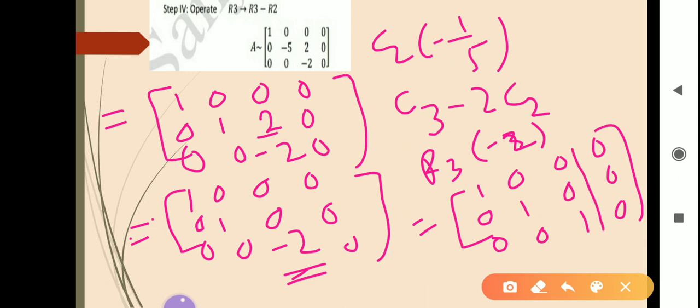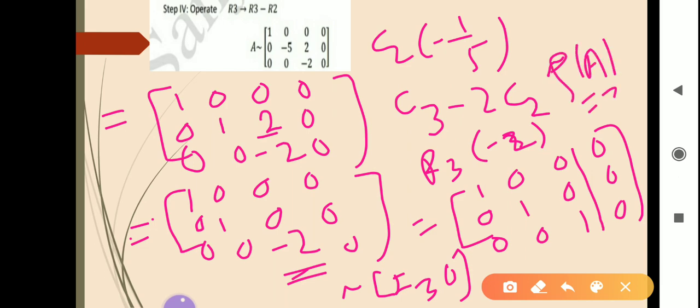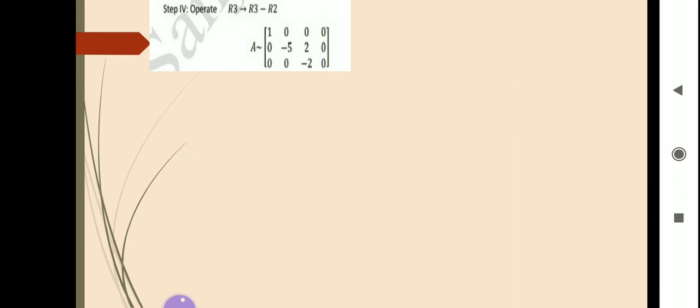So this is the I3. So this matrix is equivalent to, we will write here, I3 0. Okay, so what is the rank of this matrix? Rank of this matrix is equal to 3. Okay, so this is the second problem of normal form.